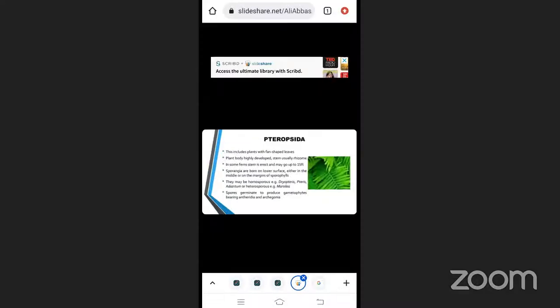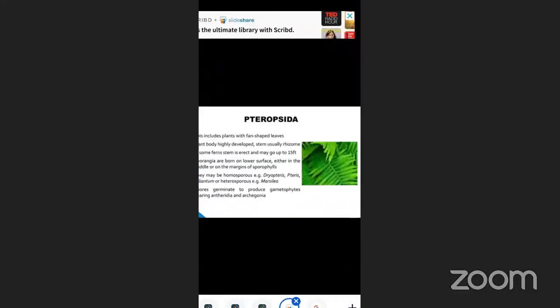See here, this has fern-like structures. There is the Filicophyta, also called Filicales, that means prawn-like structures are there.